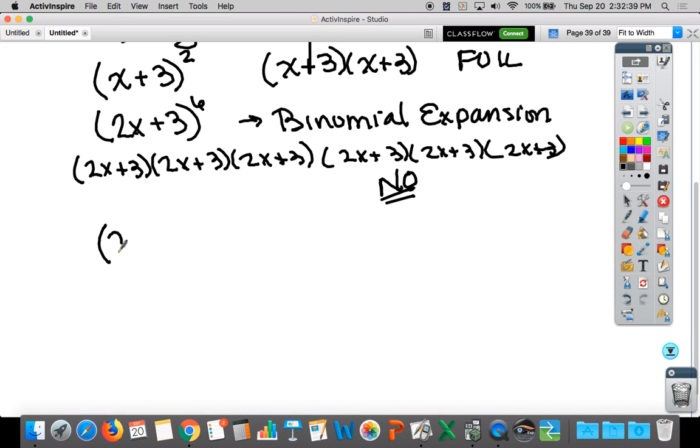So 2x gets all the power. The 3 gets none of it. The first term in the binomial expansion gets the whole power.